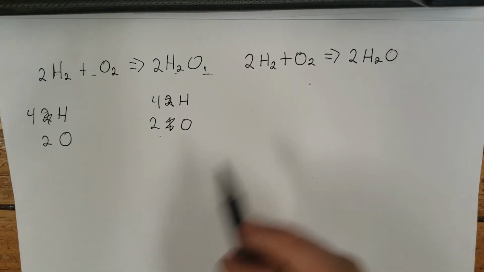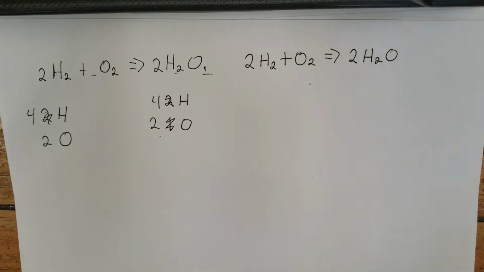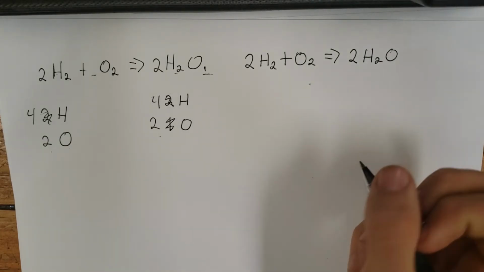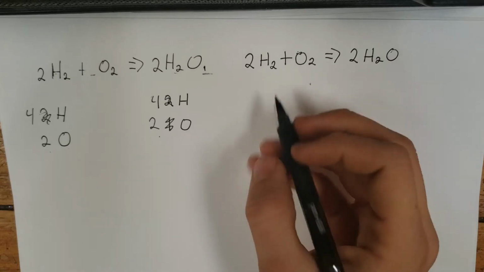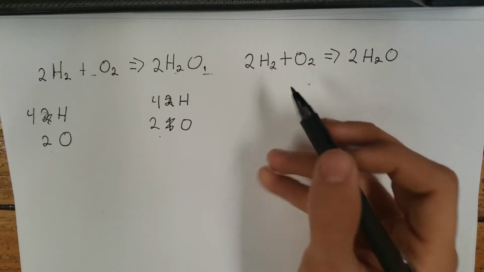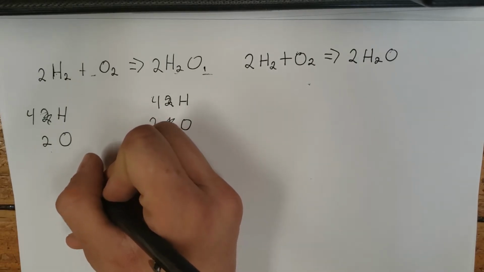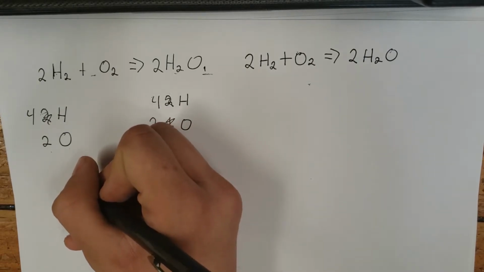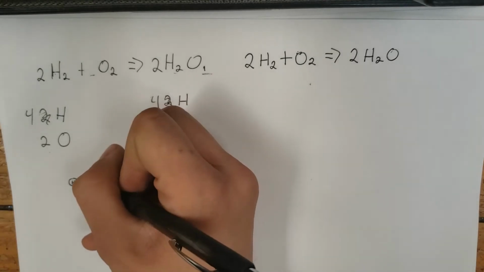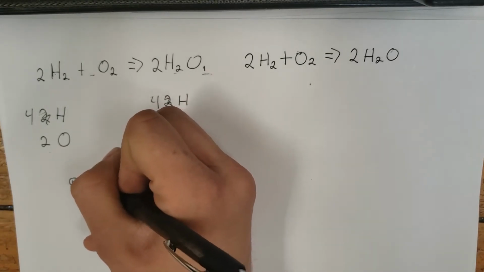So let's go ahead and do the same exact reaction, but we're going to draw it a different way, just so that we can be sure that we understand the concept. So instead of using these symbols H and O, let's go ahead and draw them out. So here on the left side, we have a hydrogen atom bonded to another hydrogen atom.